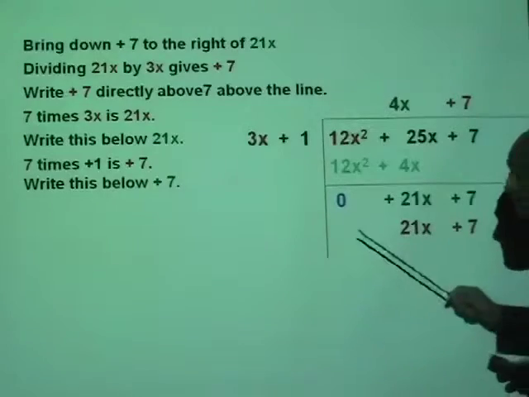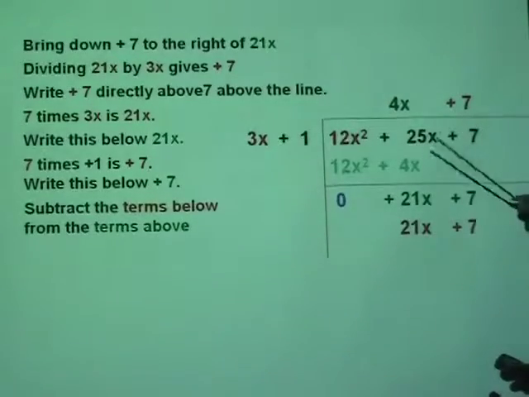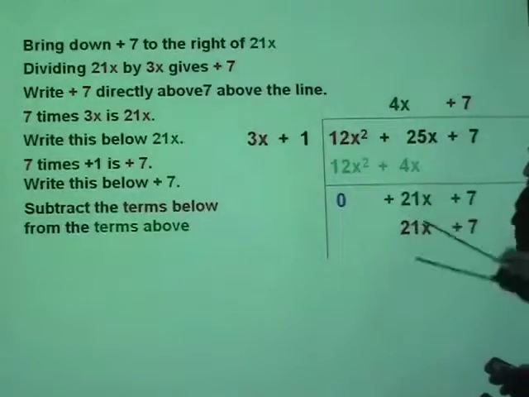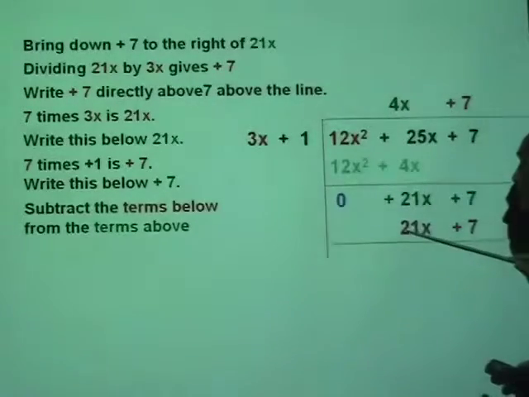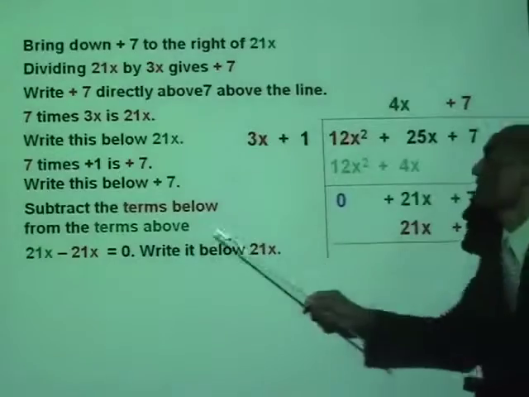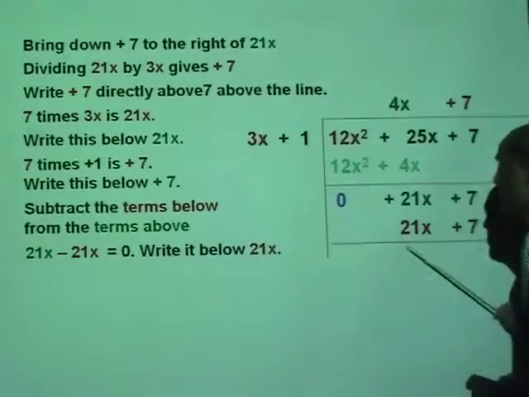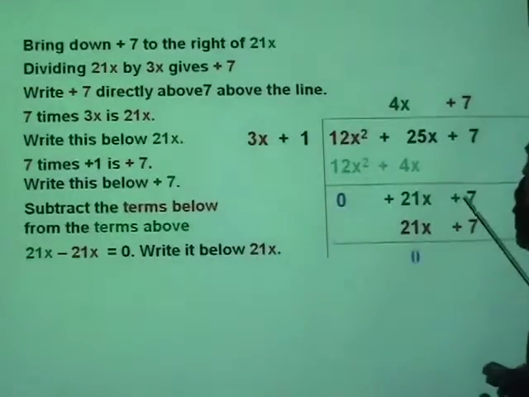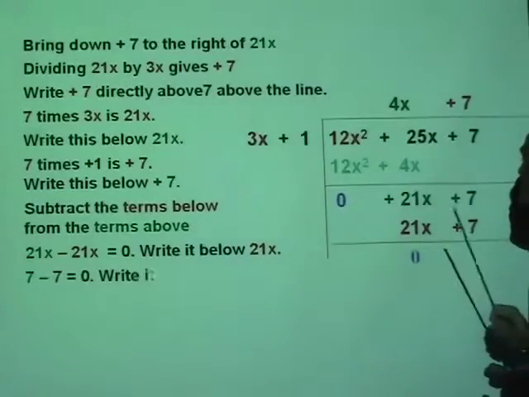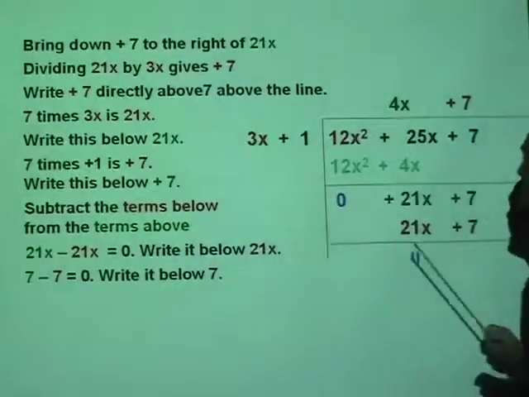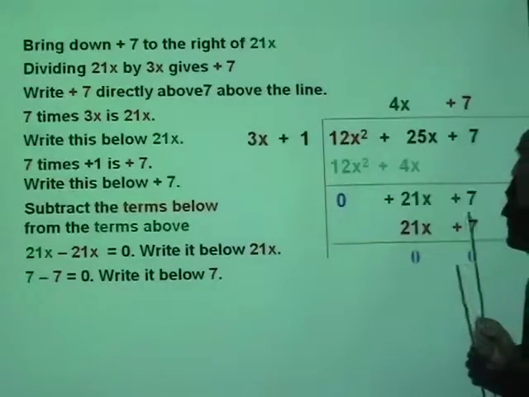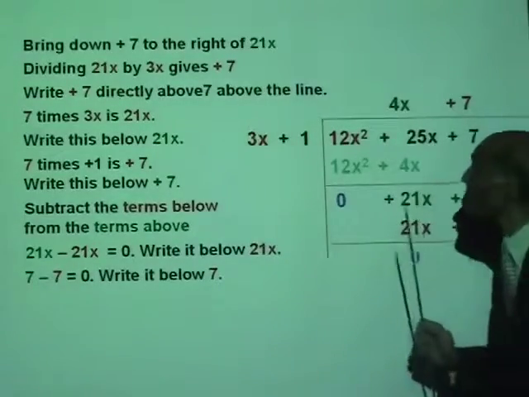What's the next step? Subtract terms below from terms above. 21x minus 21x is 0. And we write it here. Positive 7 minus 7 is 0. Write that below 7. That means the remainder is 0.